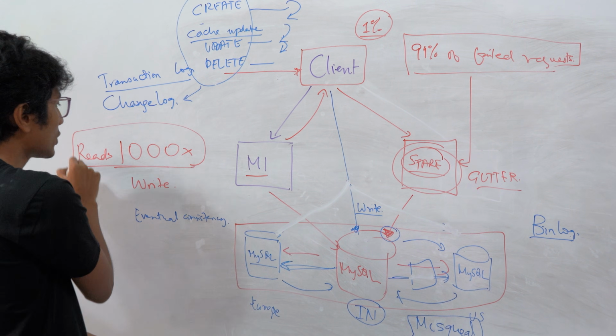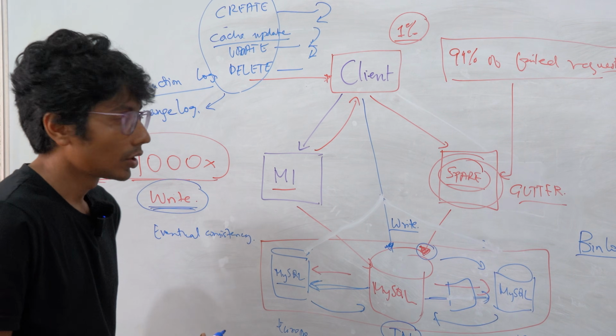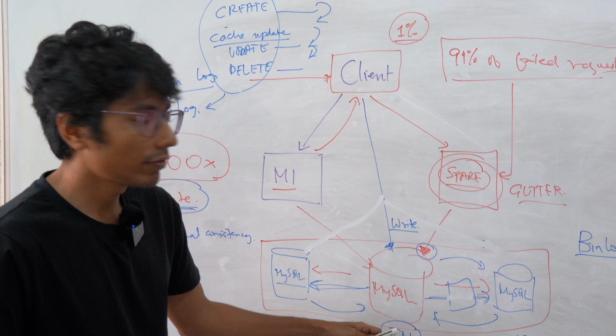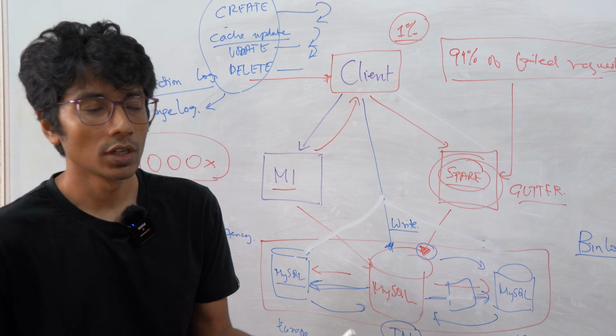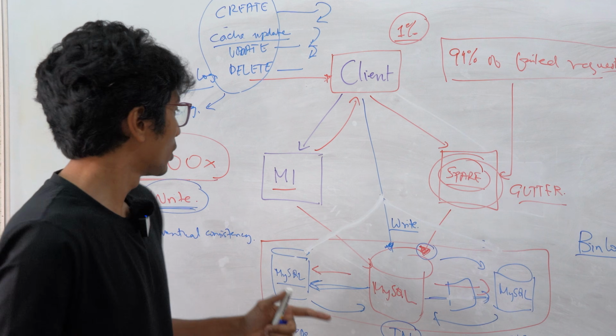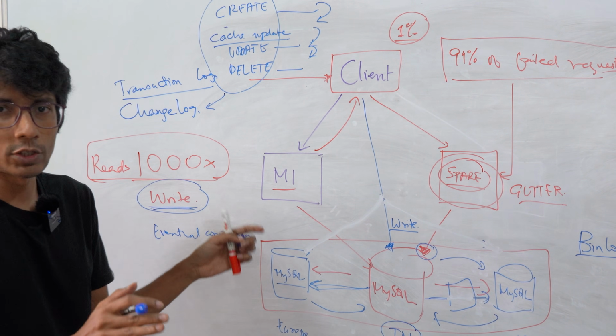Can you use this to optimize your system? These writes are really rare. So you don't need to have all of these databases serving write operations. You can have one write node for 1000 read nodes, roughly speaking.